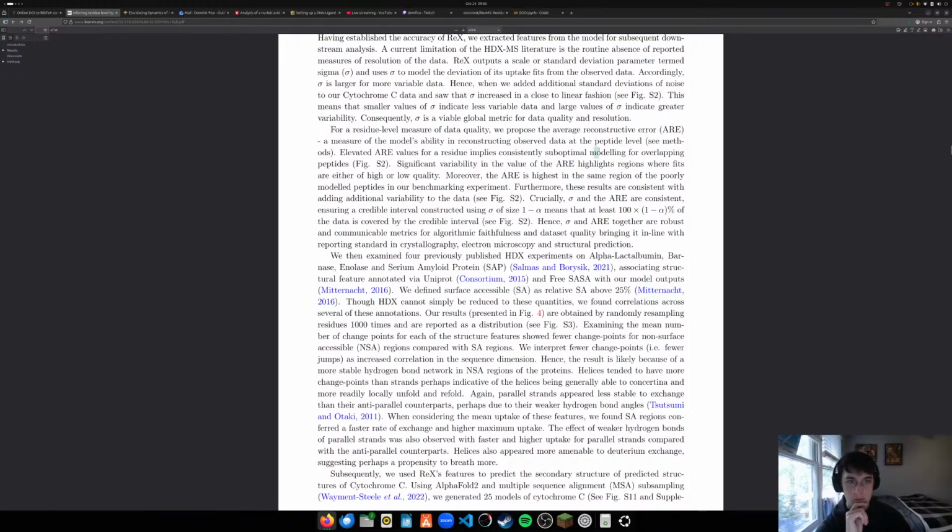measured data quality, we propose an average reconstruction area and measure the model's ability to reconstruct the observed data. For a residue implies consistently suboptimal modeling for overlapping peptides. We propose a measure of the model's ability in reconstructing observed data at the peptide level.